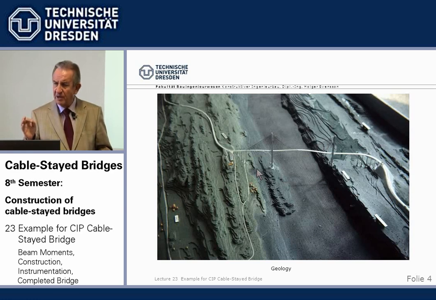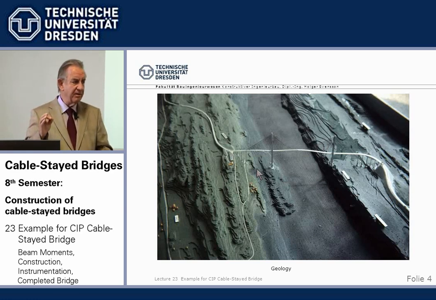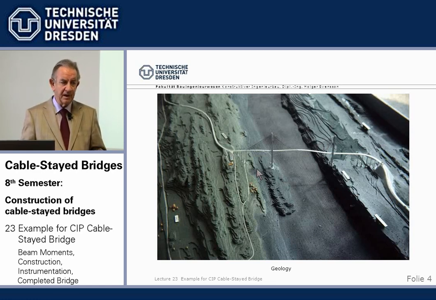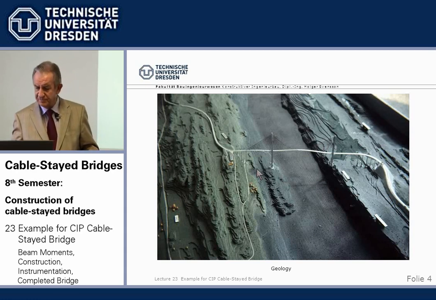The problem, however, are the very strong winds, especially in winter in the north of Norway at the west coast, at the North Sea. There are very high, very often occurring storms, and they were the main problem for the sizing of the bridge and for the construction itself.